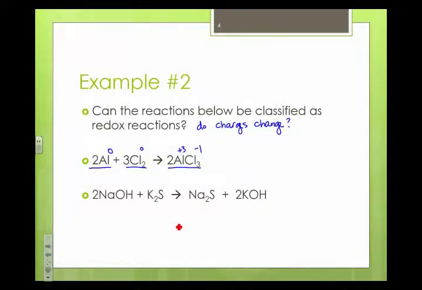More importantly, I notice that aluminum started at 0, but now it's +3. So aluminum went from 0 to +3, and what we see happening there is that aluminum lost electrons. That means aluminum was oxidized.